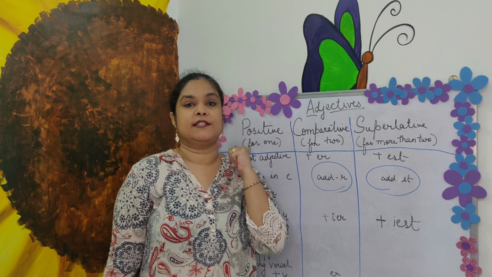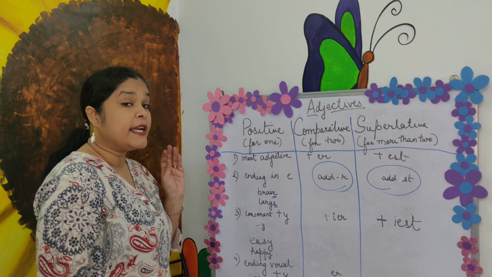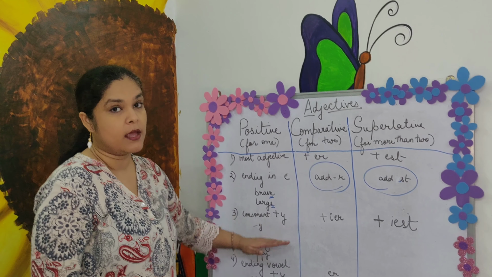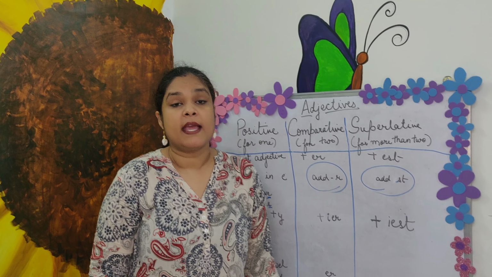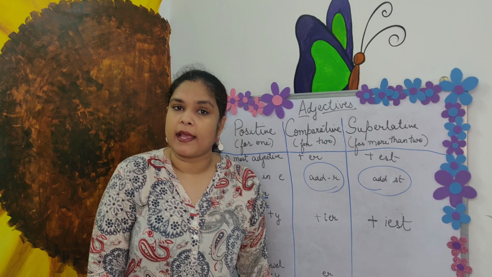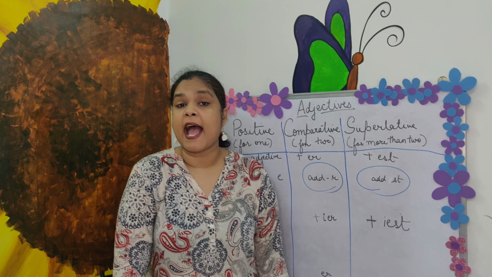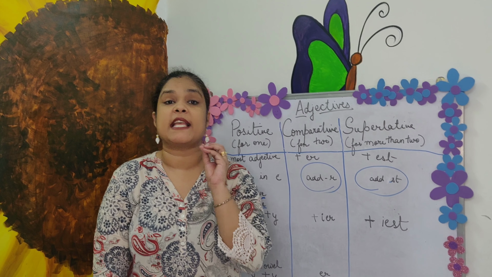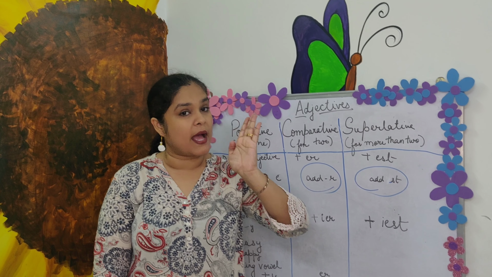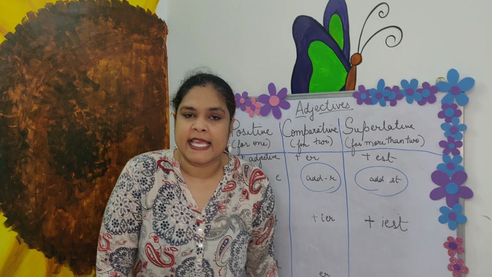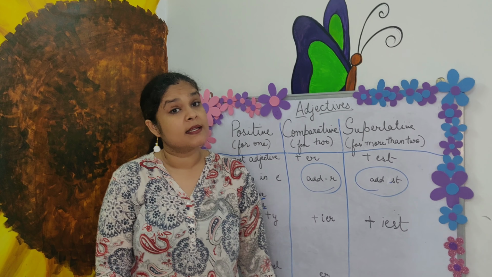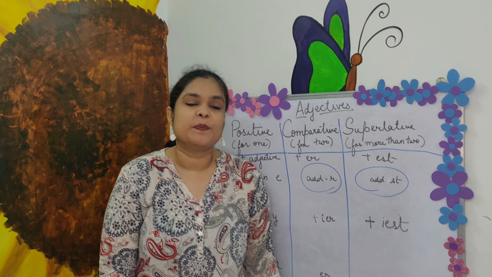The third rule, adjectives which end with a consonant and Y. For example, healthy, H-E-A-L-T-H-Y. It ended with Y and had a consonant before it, which was H. So in that case, we remove the Y, we say bye to Y, and we add I-E-R to the comparative form and I-E-S-T to the superlative form.